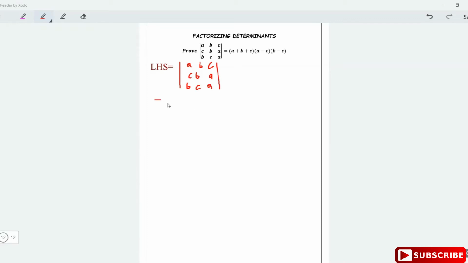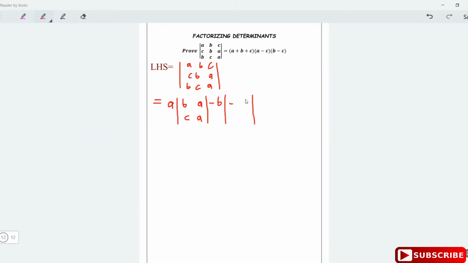This is equal to A times the determinant of B, A, C, A, and then we're going to get minus B times the determinant of, cross that, we get C, A, B, A. I just want to make sure.